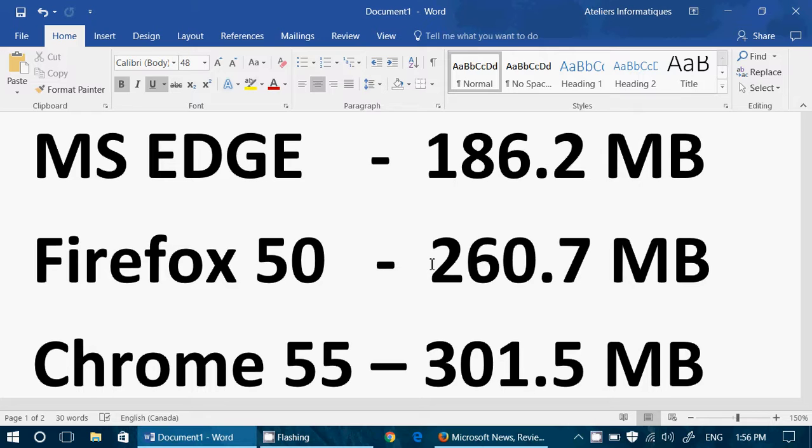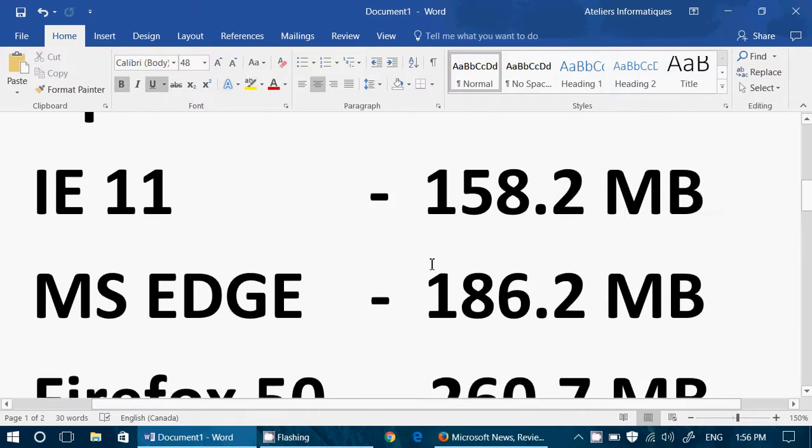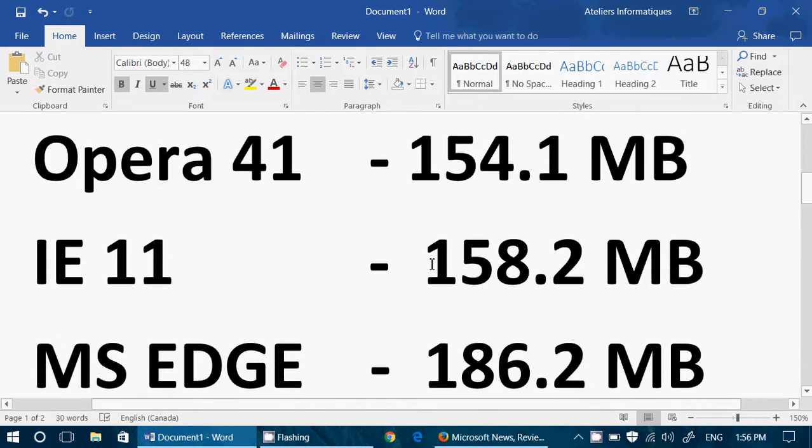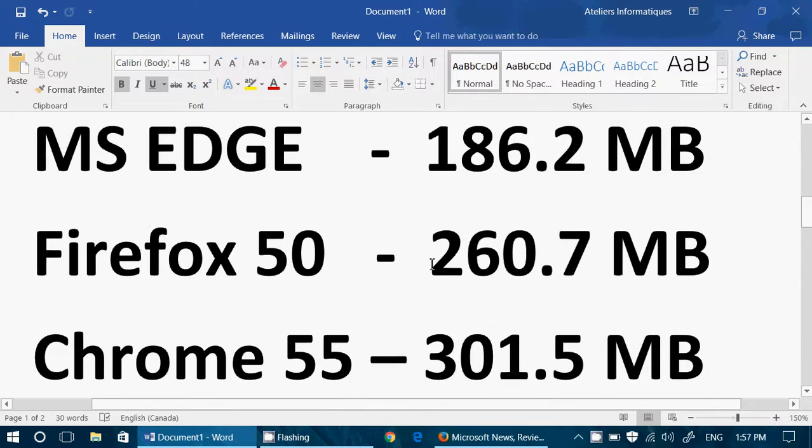So if you're low on RAM, it is probably a good idea to use Opera 41 instead of Chrome, for example. Firefox 50 is also using a lot of RAM. So in the last spots, Firefox 50 and Chrome 55, both using a lot of RAM here.